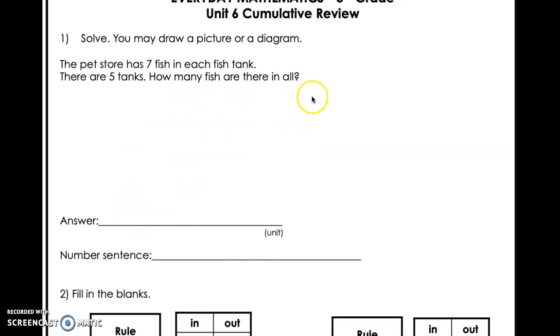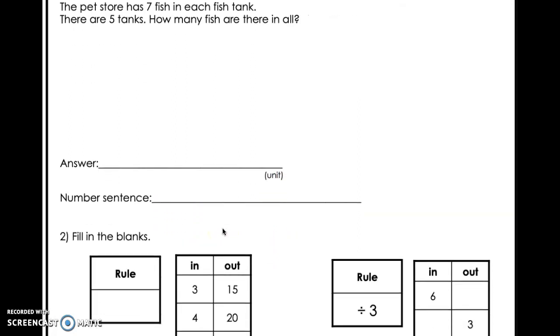Whatever, show me what you did to get your answer. You have to show your work. And then you write your answer here, which would be 7 times 5, the number sentence, 7 times 5 equals 35. So 35 fish in all.